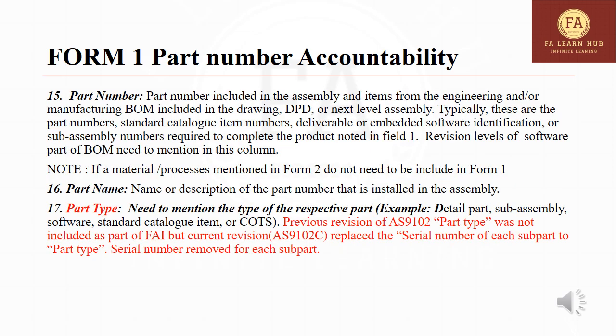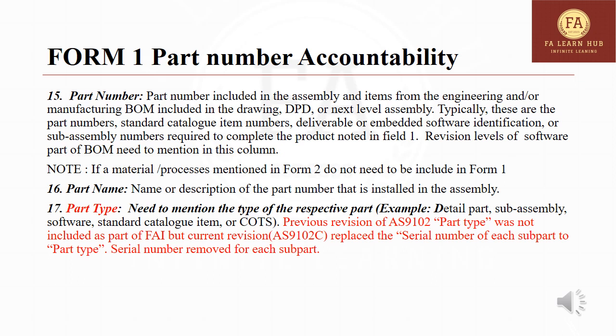In field number 15, we have to mention the part number of each subpart which is part of the BOM or a drawing. Each subpart is part of the drawing or a subpart at the manufacturing level. We have to mention the part number in this list. There are some exceptions.